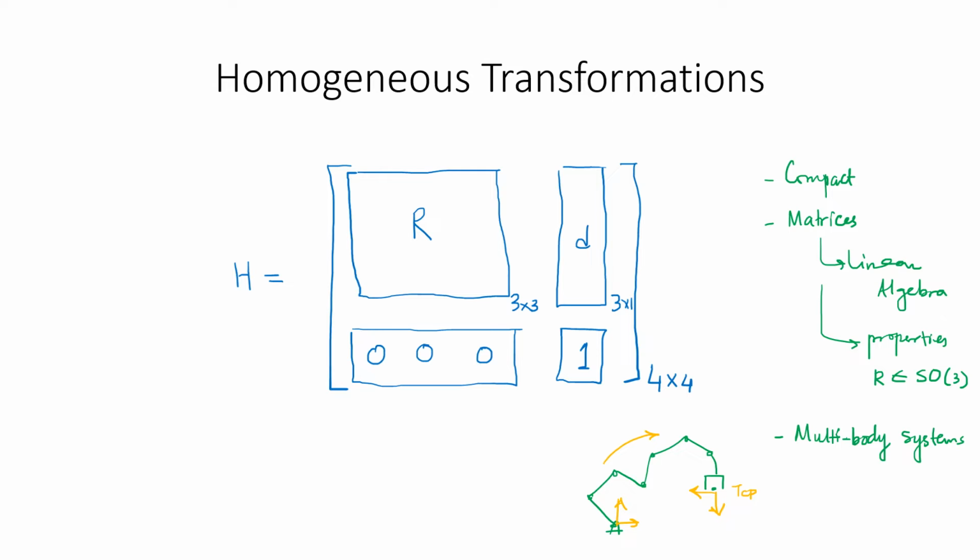Now, in that particular case, it would be very useful if we can associate these homogeneous transformations for all these frames. For this frame, for this frame, this, and all the way to the final tool center point. And if we can define these homogeneous transformations using the properties of the matrices involved, potentially we may find the computation of multi-body kinematics and dynamics to be much more easily manageable.